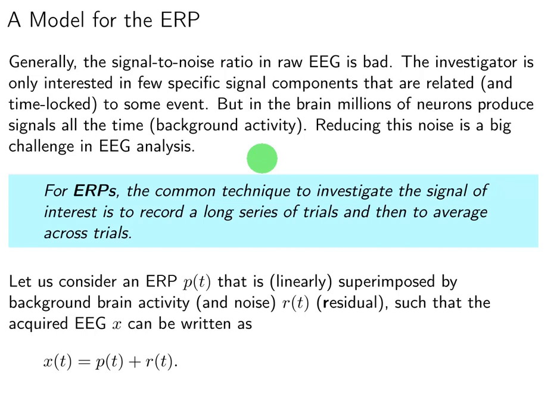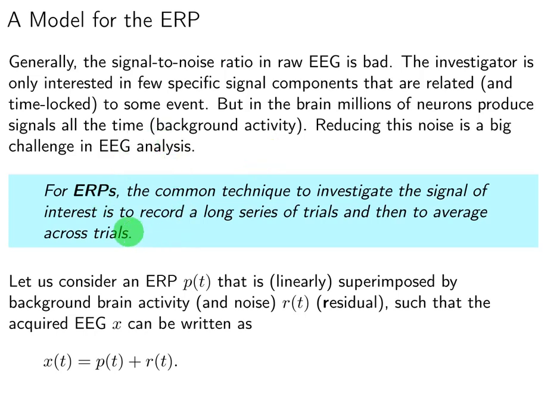However, the brain contains millions of neurons that produce signals all the time. We call this background activity: any activity that is not relevant to the signal of interest or to the experimental condition. Reducing this noise is a big challenge in EEG analysis in general.